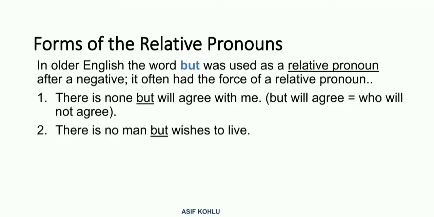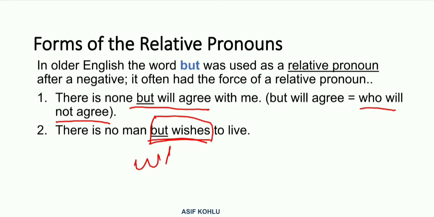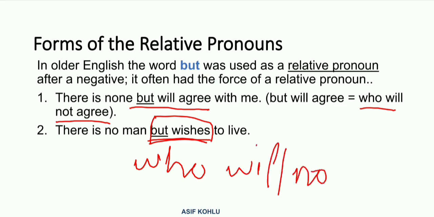The second example is: there is no man but wishes to live. If we replace this but wishes, we may say who will not wish, instead of but will agree or but wishes. So in modern English we may say there is no man who will not wish to live.